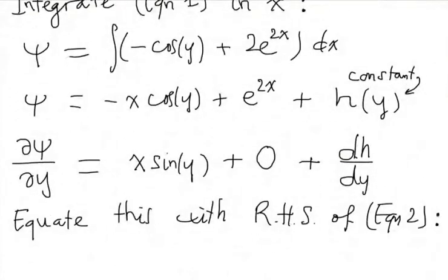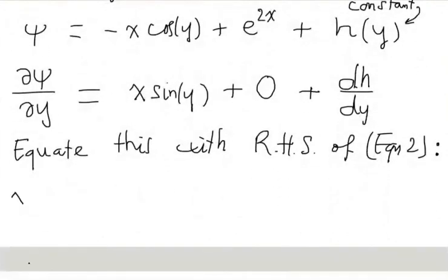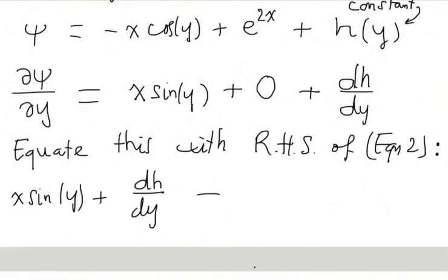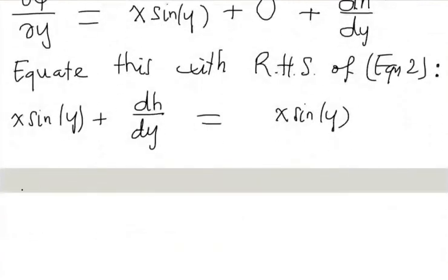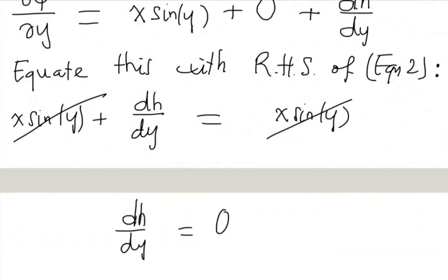But I have computed partial psi partial y as this. So I need to equate x sine y plus dh dy with the right hand side of equation 2, which is x sine y. And now I can solve for h. I see that these two are the same, cancel out. So dh dy is 0.